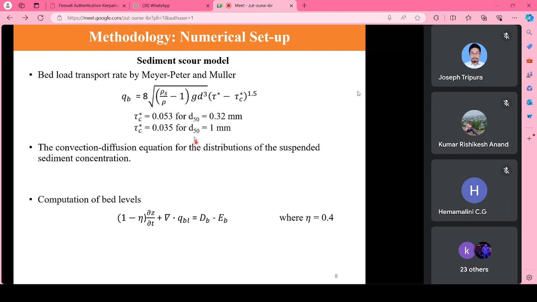That threshold value is known by a very popular name, the Shields parameter, right? Here the Shields parameter is 0.035 and 0.053 because I have chosen two cases. There are two experimental data sets from different authors, and the material sizes are different. So I have used D50 here.